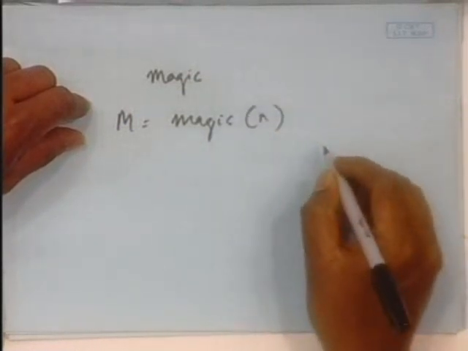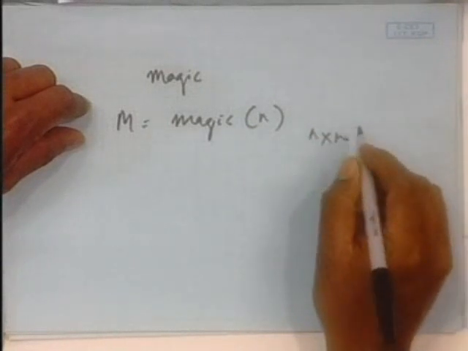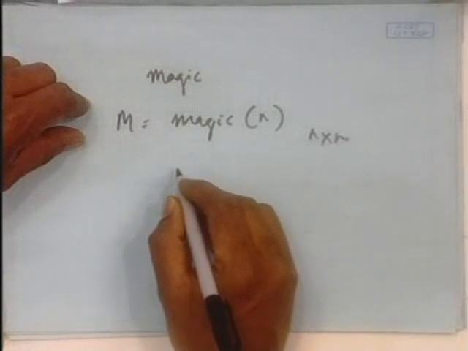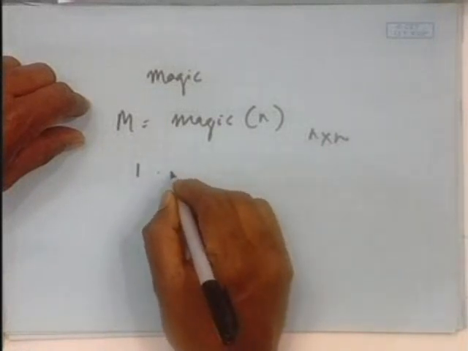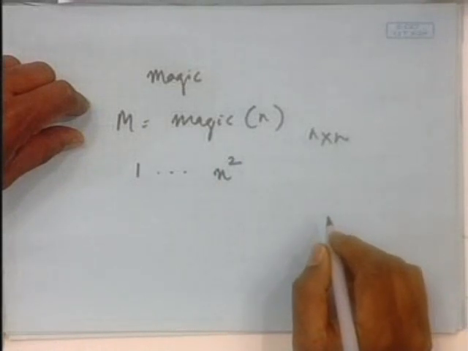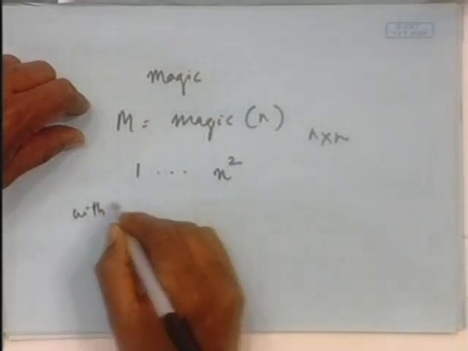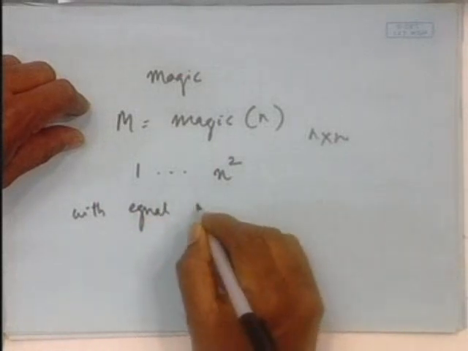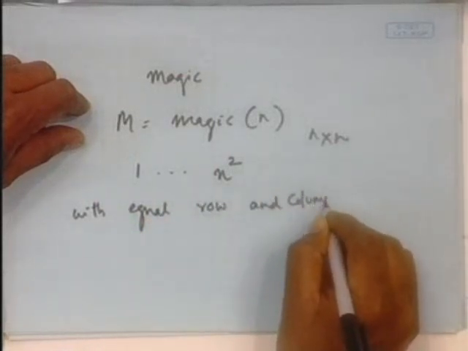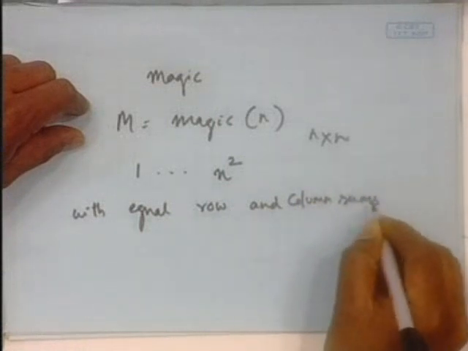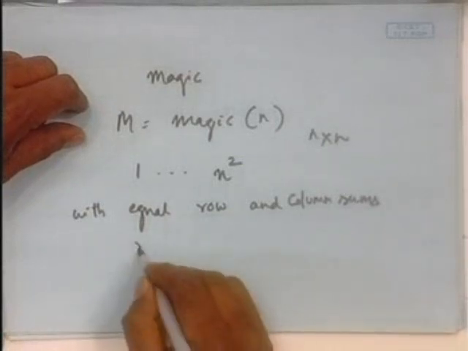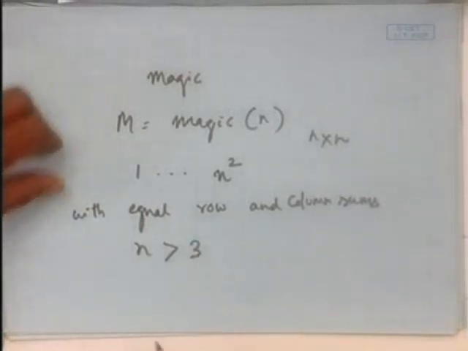It will give you an n cross n matrix whose elements are constructed from the integers varying from 1 to n to the power 2 with equal row and column sums. The condition is n must be greater than 3.